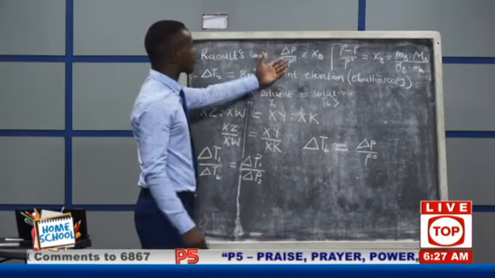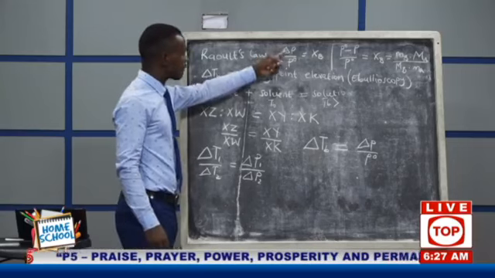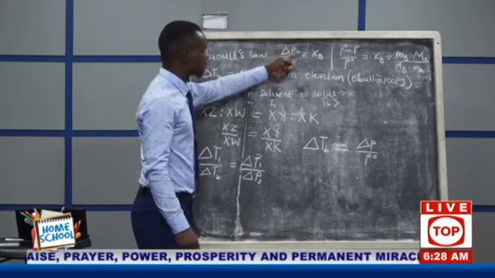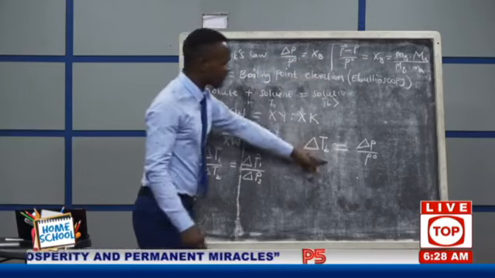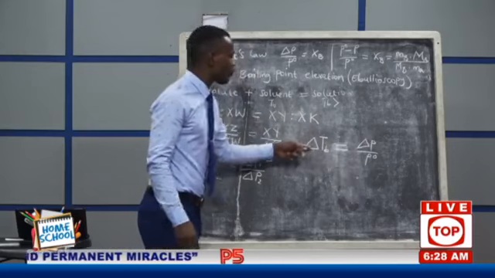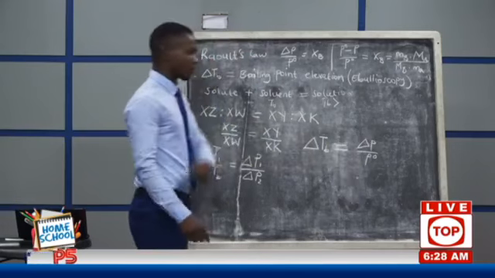Here we have Raoult's law, that the relative lowering of vapor pressure is equal to the mole fraction of the solute. Here we are saying that the relative vapor pressure lowering is proportional to the boiling point elevation.